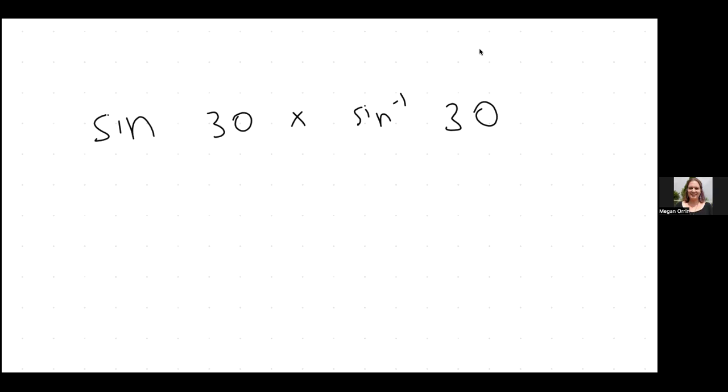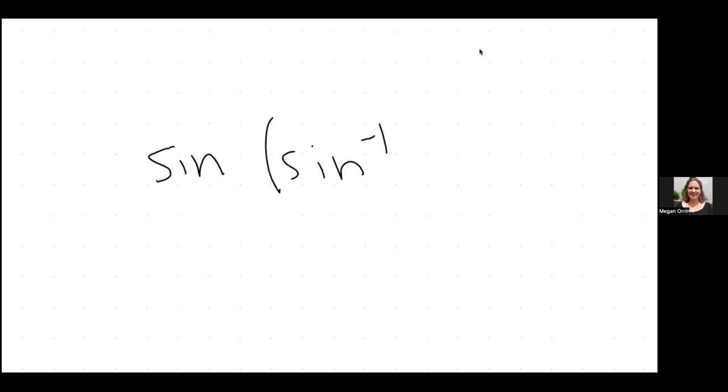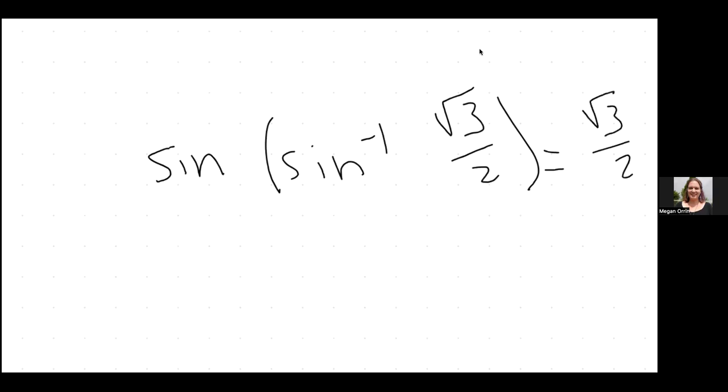They're all basically canceling out to nothing. So if I wrote something like that, the answer is just going to be that, right? Because these two bits are essentially canceling each other out, just like any other inverse would.